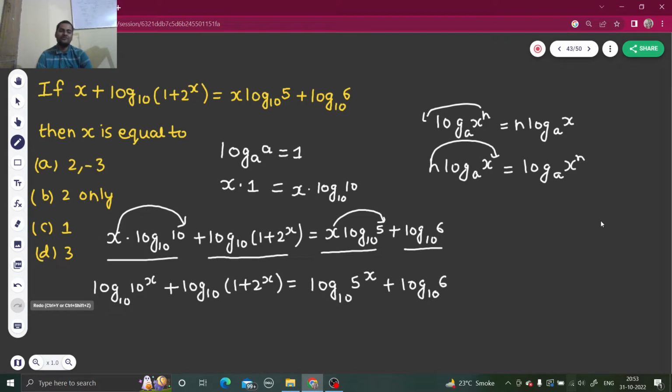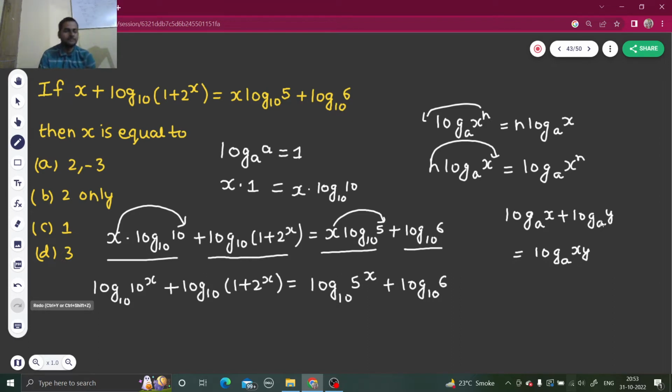Again I will have to use a property. What is that property? That's a simple property. If the base is the same, log x having base a and log y having base a, I can write them as log of xy to the base a.